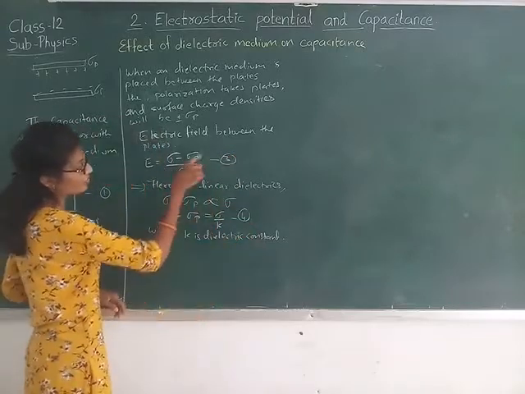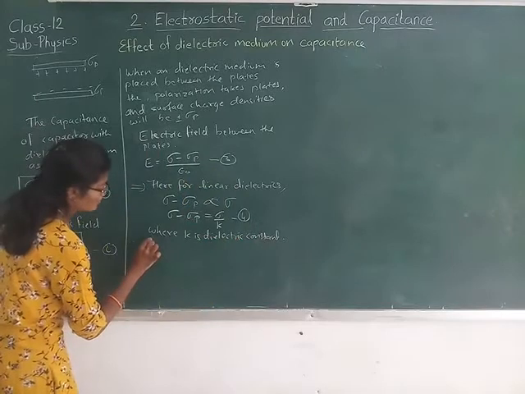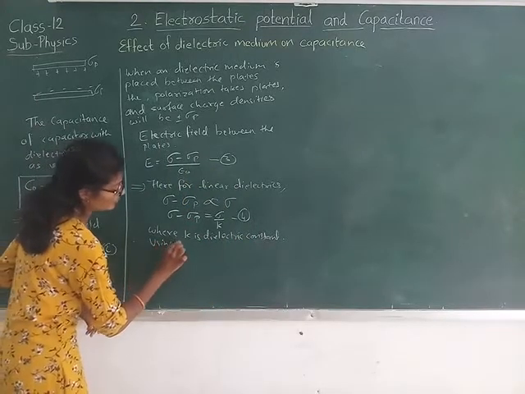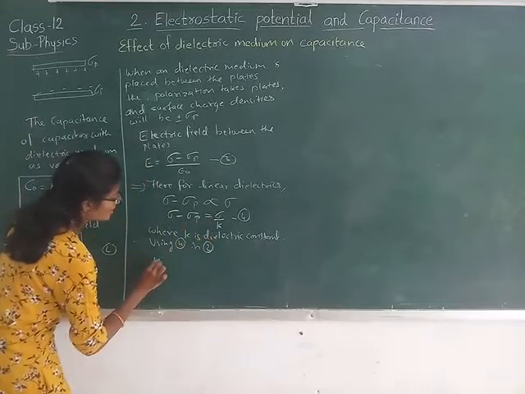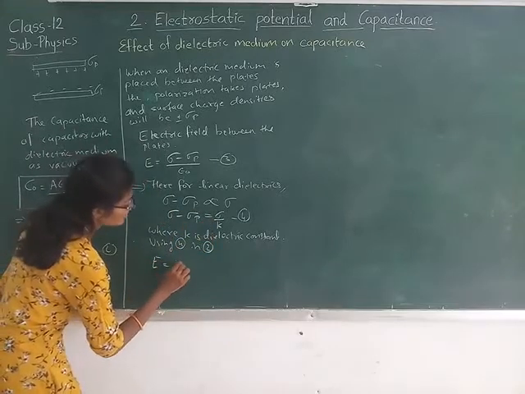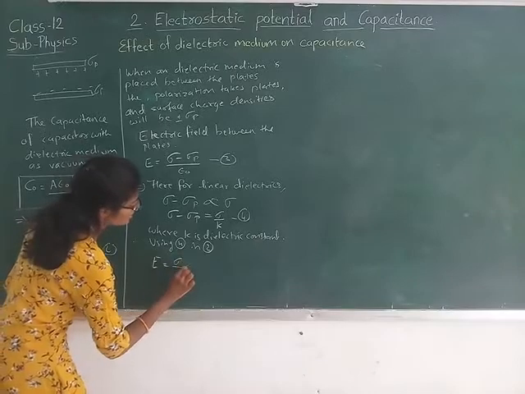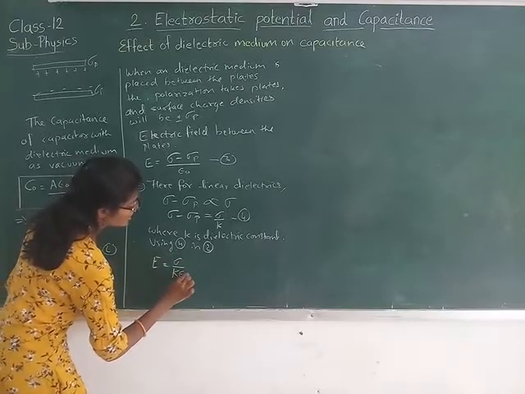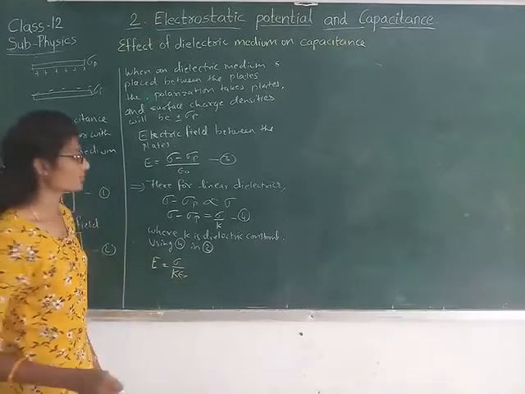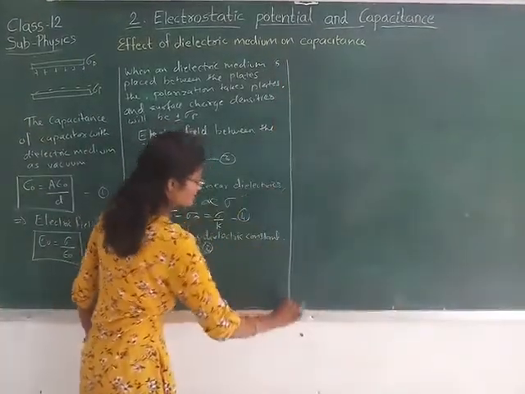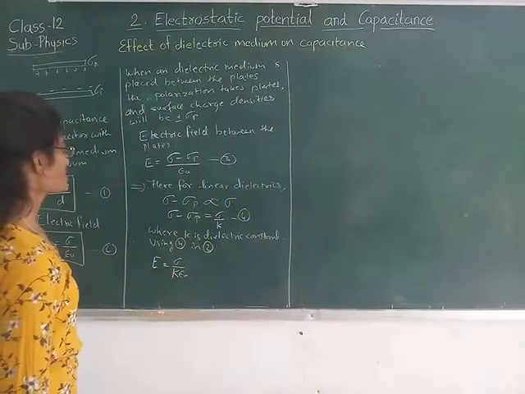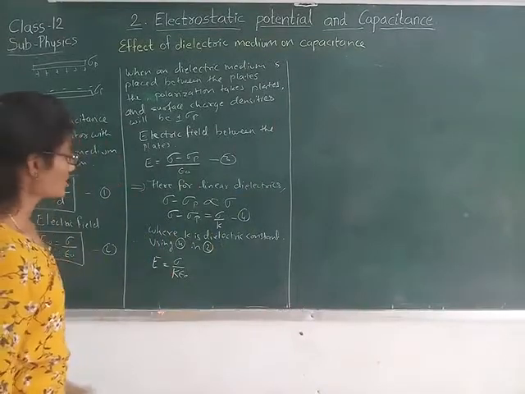Using this 4, what we get? E equals sigma upon k epsilon 0, right? So now the electric field becomes k sigma upon k epsilon 0.